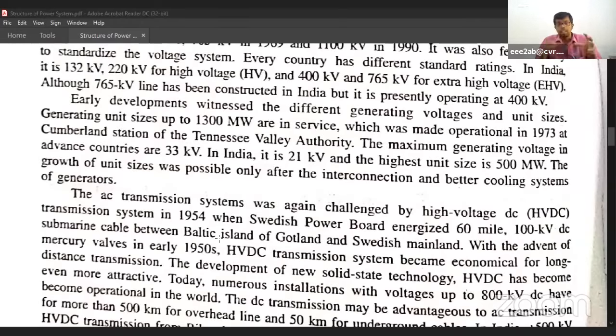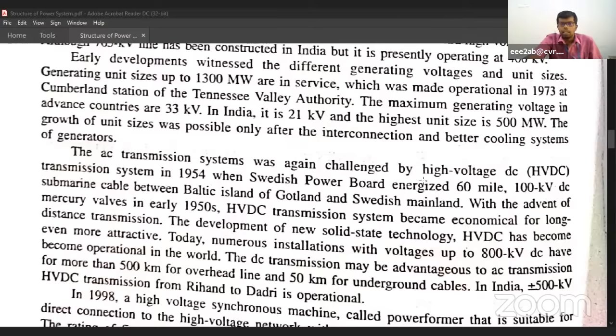So what is the technology behind the high voltage DC transmission system? It started in 1954 when the Swedish power board energized a 60 mile, 100 kilovolt DC submarine cable system between Gotland and the Swedish mainland.